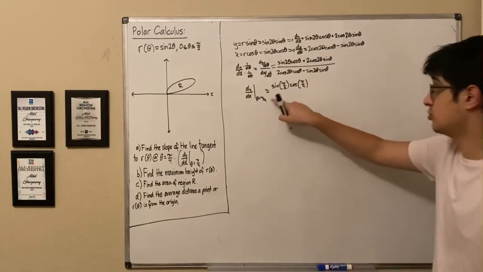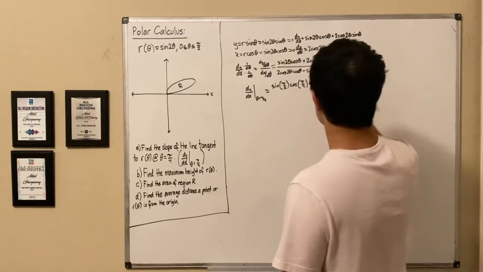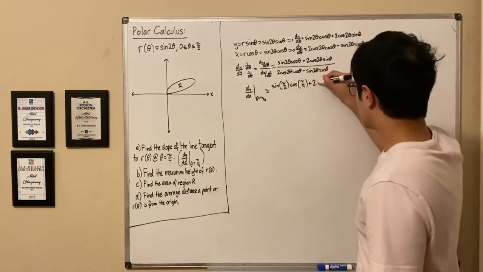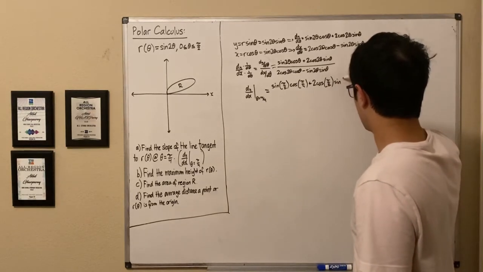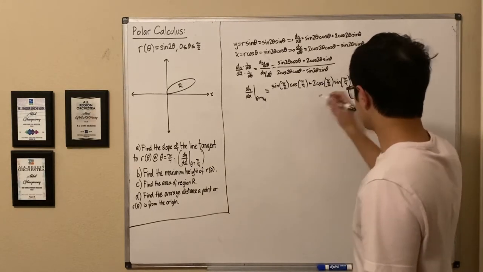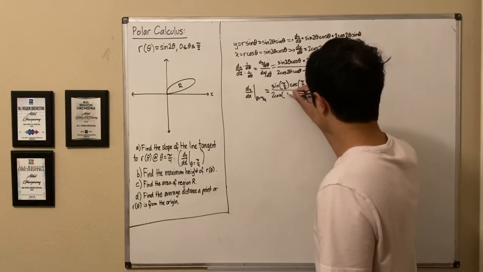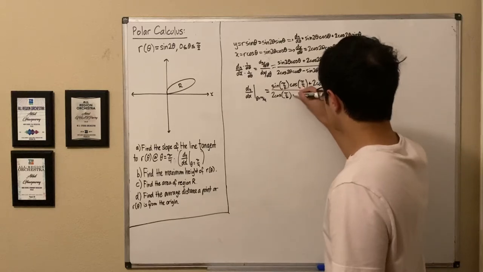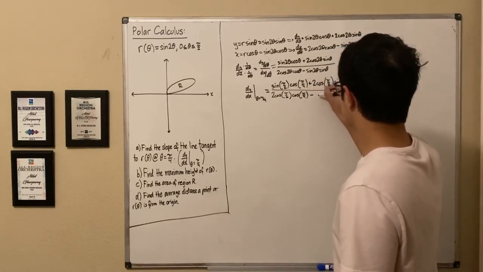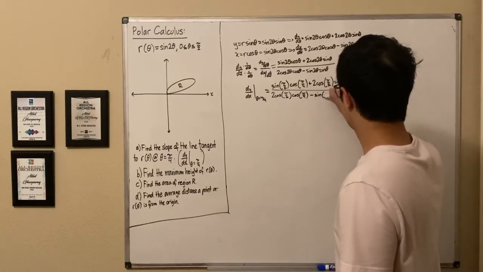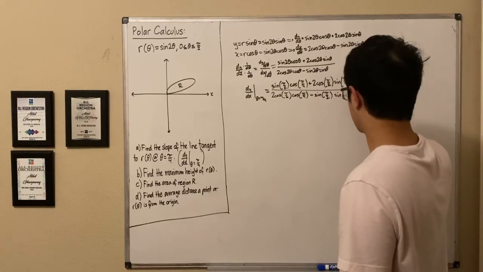Notice that this is pi over 2 because 2 times pi over 4 is pi over 2, plus 2 cosine pi over 2 sine pi over 4, all divided by 2 cosine pi over 2 cosine pi over 4 minus sine pi over 2 sine pi over 4.